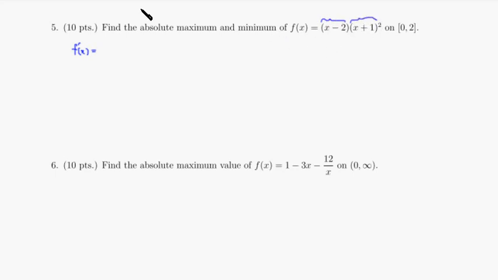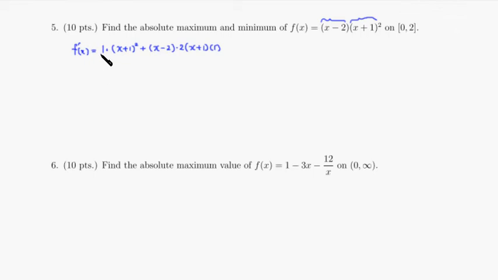Derivative of x minus 2 is 1, times the second, which is quantity x plus 1 squared, plus first guy, quantity x minus 2, multiplied by derivative of the second, which is 2 times quantity x plus 1 to the first power, times derivative inside, which is going to be 1.